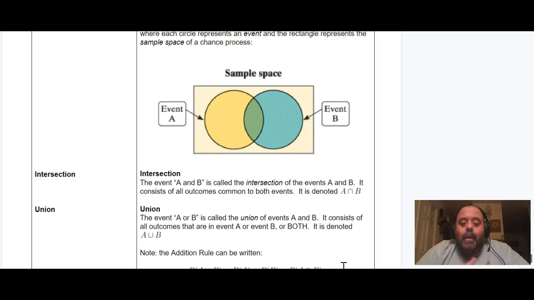We denote that with a U: A ∪ B, an A with a right-side-up U and a B. You can read that as A union B. Sometimes it's called A cup B. The upside-down one is called cap, and the right-side-up one can be called cup. But sometimes people just read it as A union B.